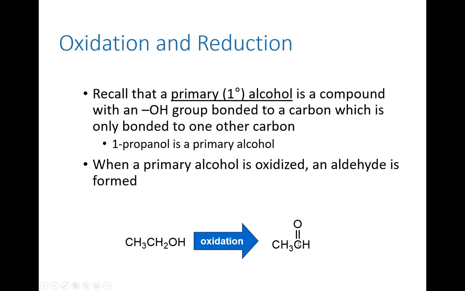The carbon is now bonded 2 times to oxygen, so we increased the number of carbon-oxygen bonds. And this carbon was bonded to 2 hydrogens. It is now only bonded to 1, so we lost a bond to hydrogen. So that is, by definition, an oxidation. Make sure you make note of this: primary alcohols are oxidized into aldehydes.